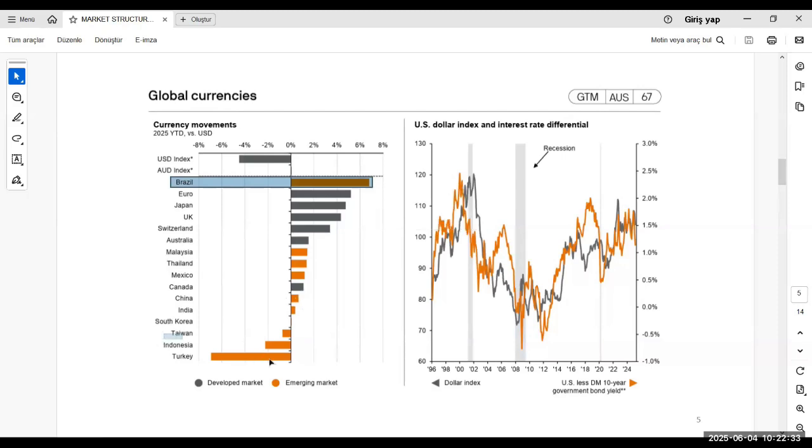And what are the dramatic cases for three countries? They are depreciating against the United States dollar: the Taiwan dollar, Indonesian rupiah, and the Turkish lira. These three countries in emerging markets, despite the dollar losing strength all around the world, are depreciating against the United States dollar.